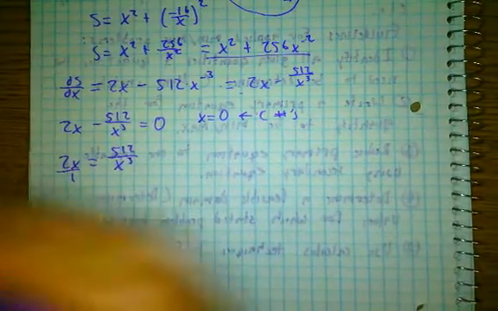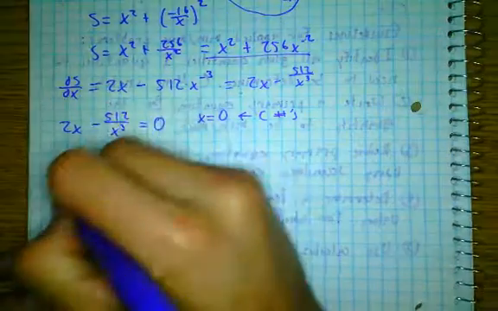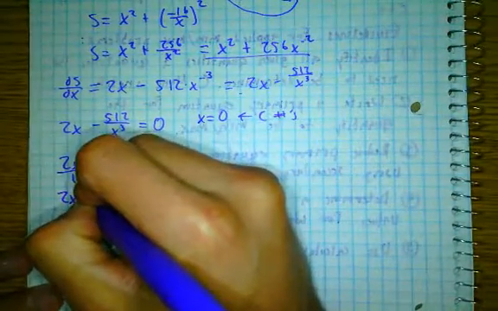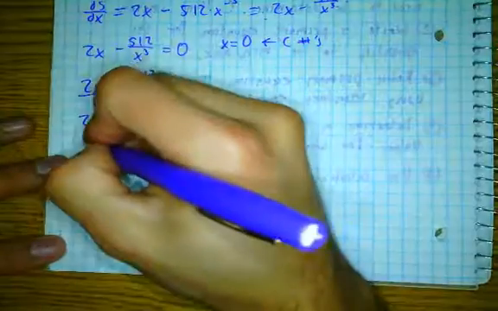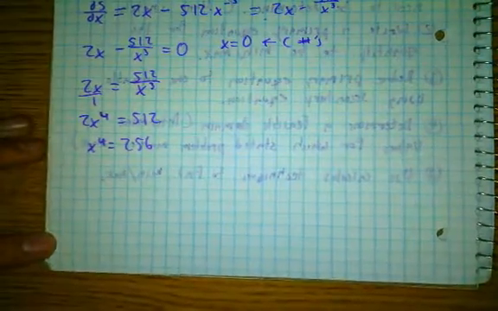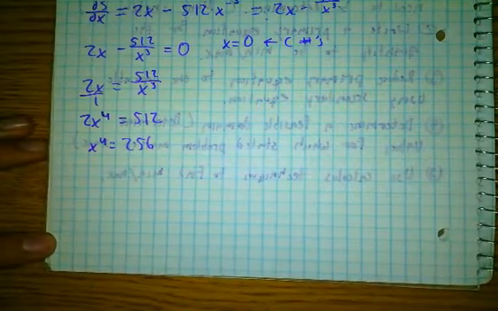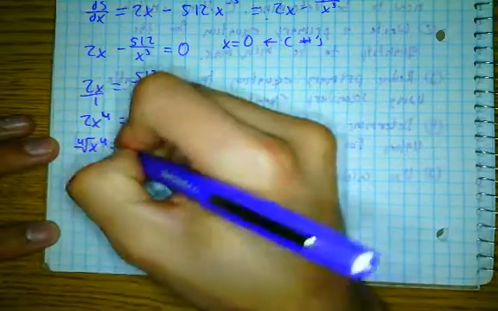So 2x to the fourth equals 512. X to the fourth equals 256. And then, how good are you with fourth roots? Plus or minus 4.